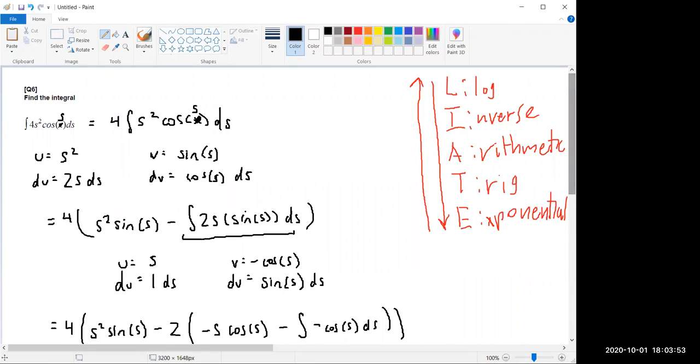All right, so we have a request for number 5. So let me see what number 5 is. Okay, so number 5 was a word problem.